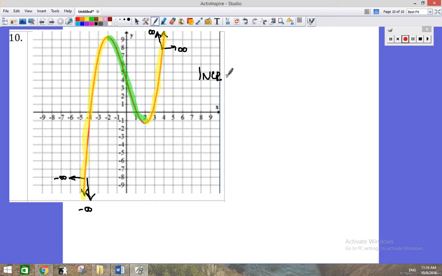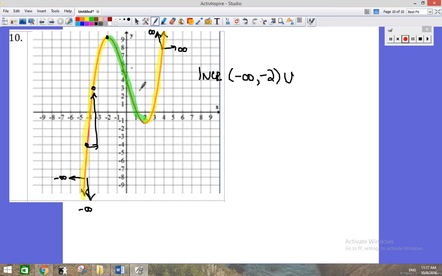So to describe the intervals over which it's increasing, we started here, and so the x there was coming from negative infinity, and any 2 points in this yellow region, as x increases, y increased, and that happened to the x coordinate here, which is negative 2.